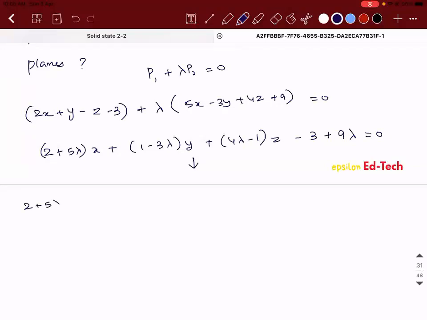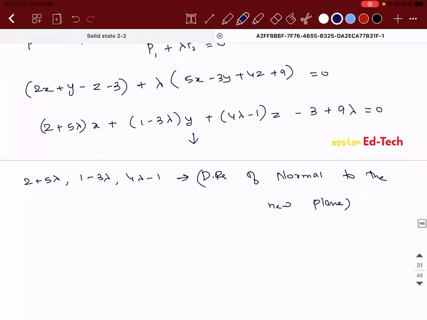Now 2 plus 5 lambda, 1 minus 3 lambda, 4 lambda minus 1 are what? What are they? They are the direction ratios of normal to the new plane.